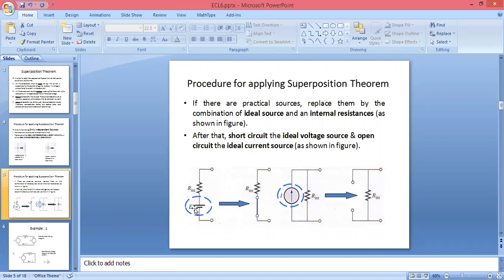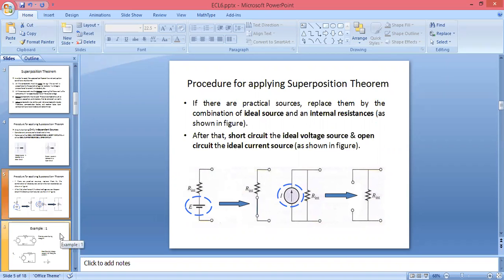If we are using the superposition theorem to calculate the value of unknown sources, then we have to remove the remaining voltage sources by using a short circuit. That's why we use a short circuit instead of the voltage source, and a current source we will open.